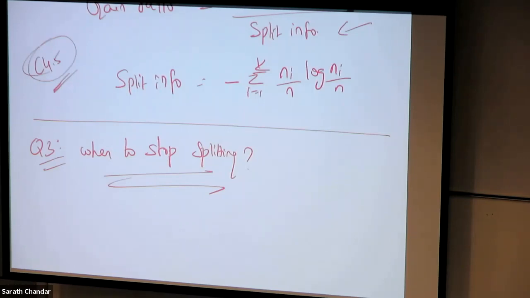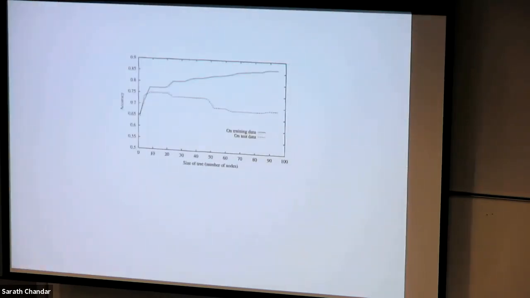As usual, like any other machine learning algorithm, if you train more, you're going to overfit. So here is the overfitting scenario in decision trees. The x-axis is the number of nodes in the tree. As you keep growing the tree, your training data accuracy keeps on increasing, as we already know.